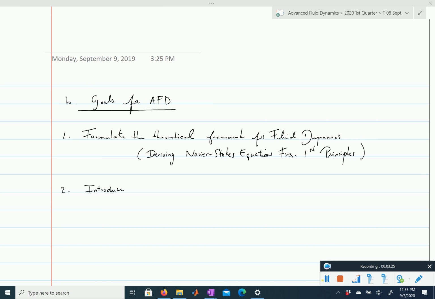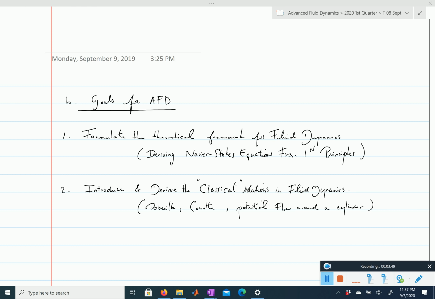So introduce and derive the classical solutions in fluid dynamics. So, for example, that would be things that you've seen before: Poiseuille flow, flow around a cylinder, or a Couette flow.